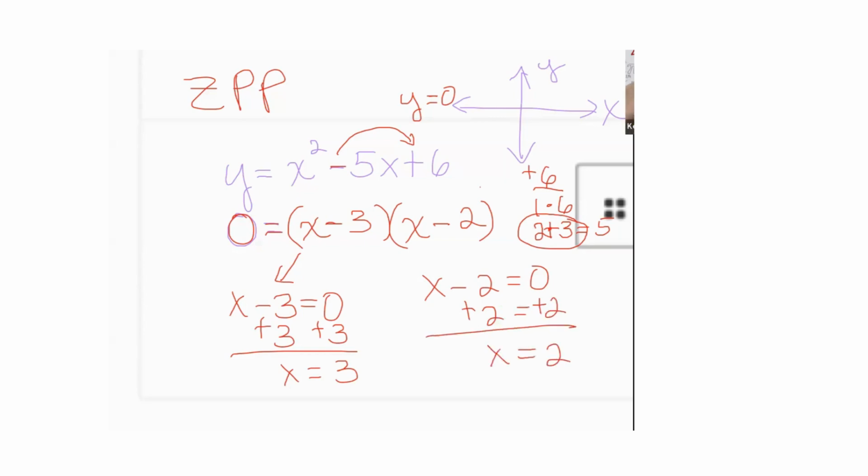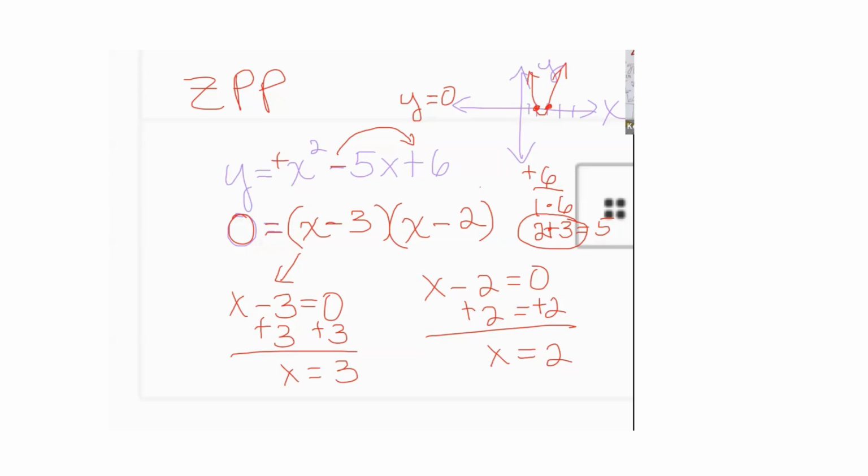This gives us a parabola, because all quadratics are parabolas, that crosses the x-axis at 3 and crosses the x-axis at 2. It's a positive out front, so we know it's a happy guy. So that's going to be our parabola.